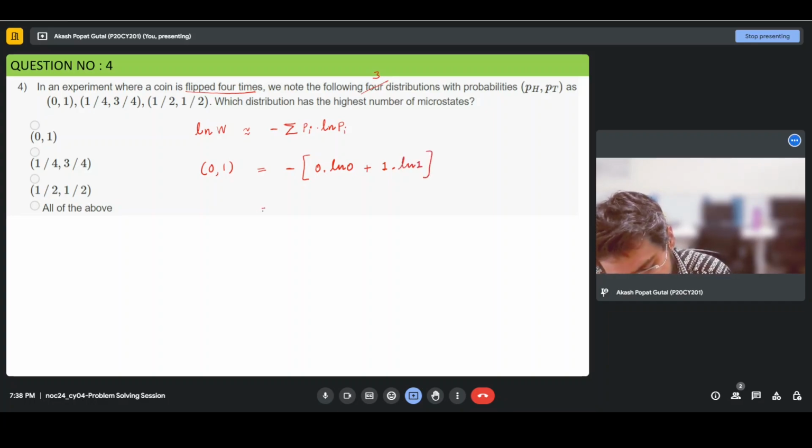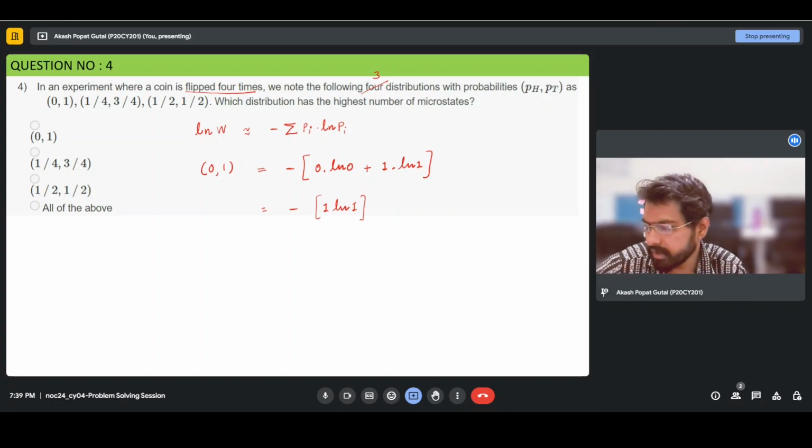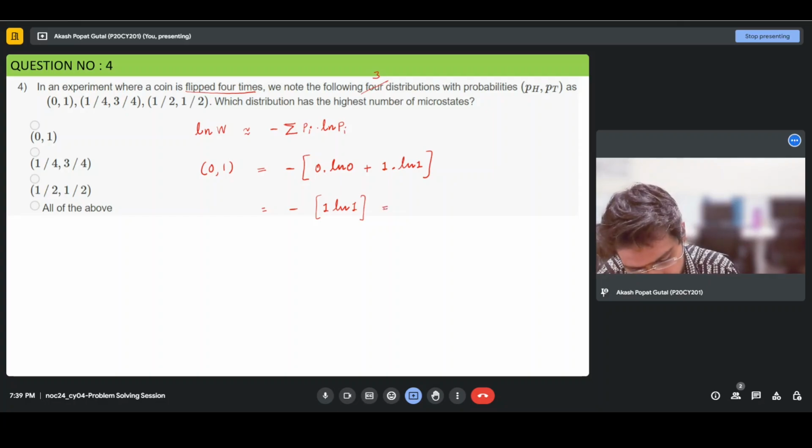This will be 0, minus 1 ln 1, which is nothing but minus the natural log of 1.